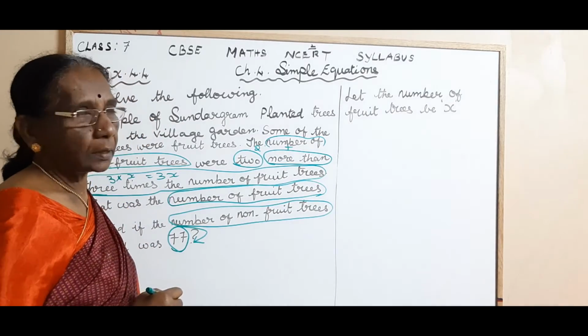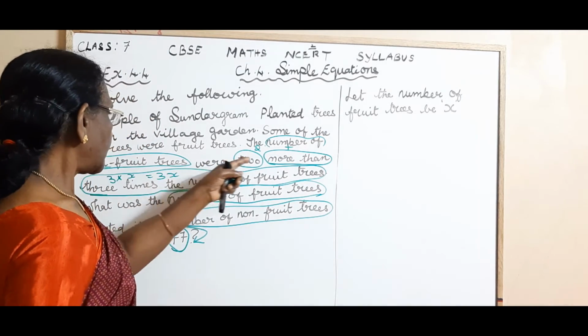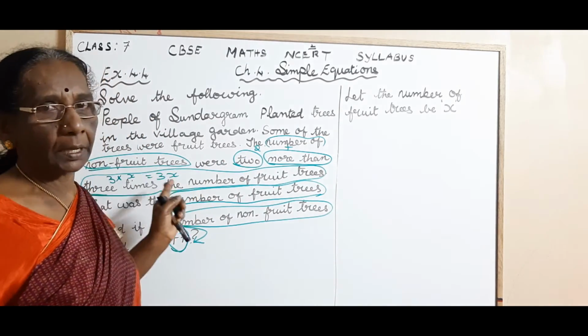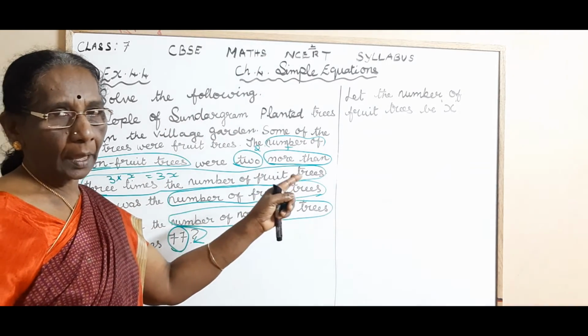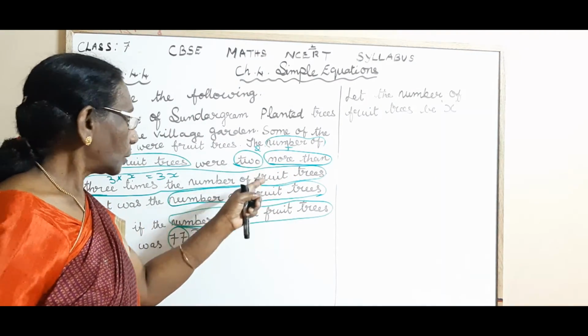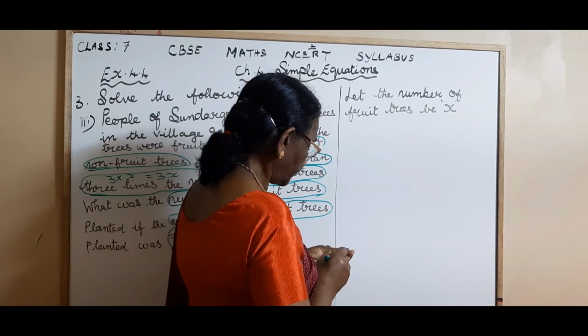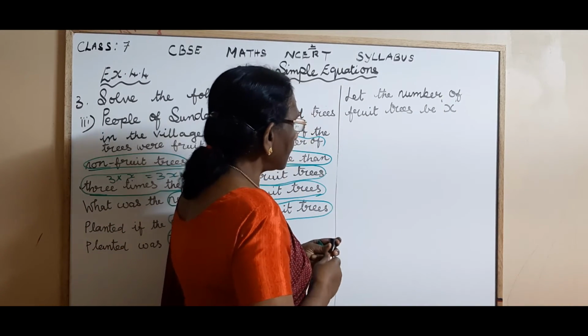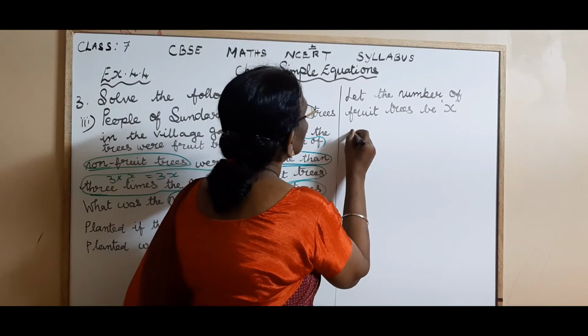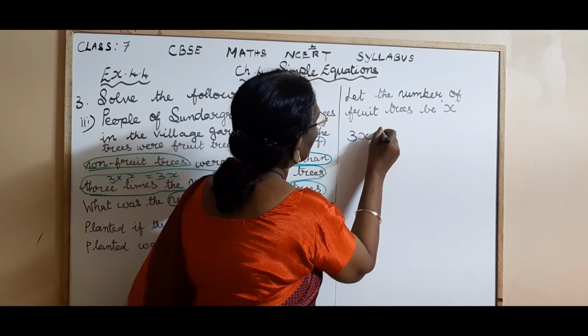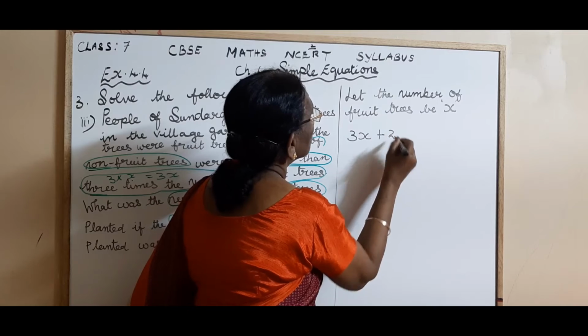Is it clear, children? You have to write the variable on the left hand side and the constants on the right hand side. So the number of non-fruit trees is 3x plus 2.